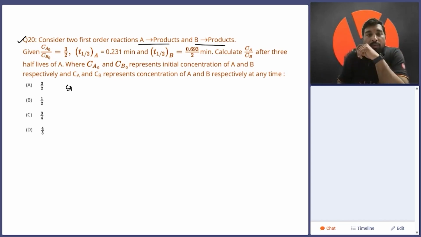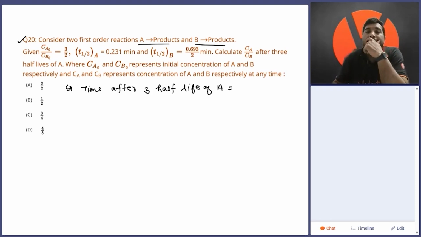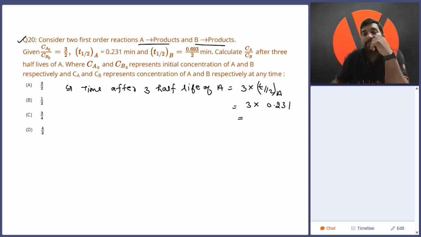Okay, now time after 3 half life of A is equal to 3 into T half of A, that is equal to 3 into 0.231, that is equal to 0.693 minutes.